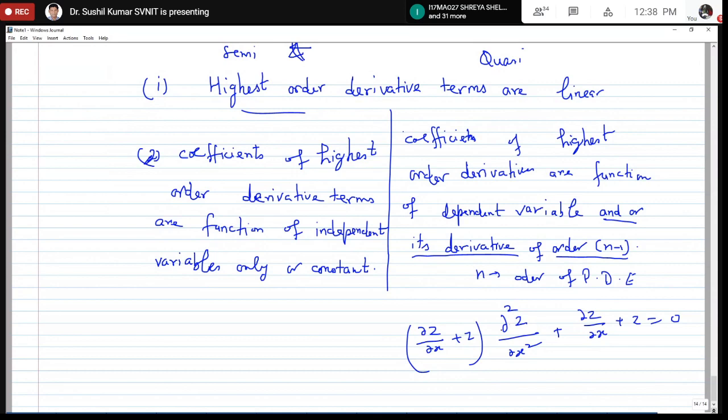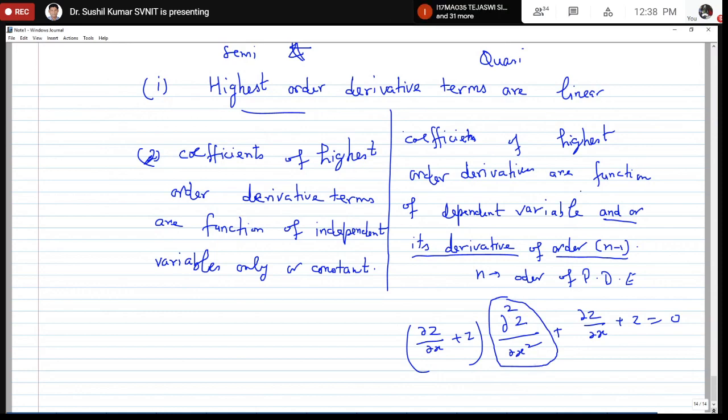Okay, so see here, it is order 2, equation order 2. So we'll check only the terms of order 2. We have only one term of order 2, del 2 z over del x square, power of it is 1. So the first condition is true.